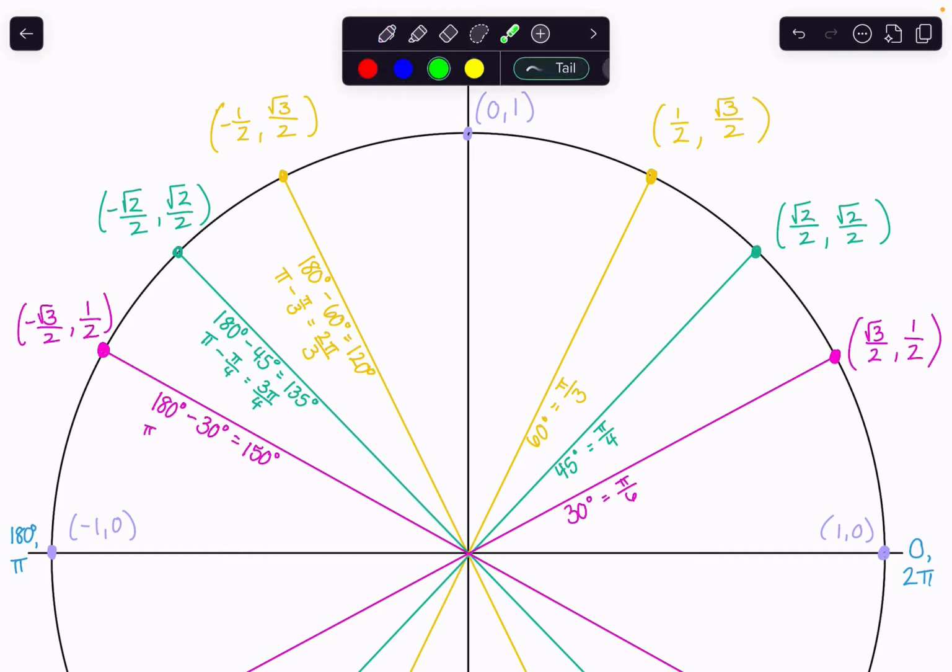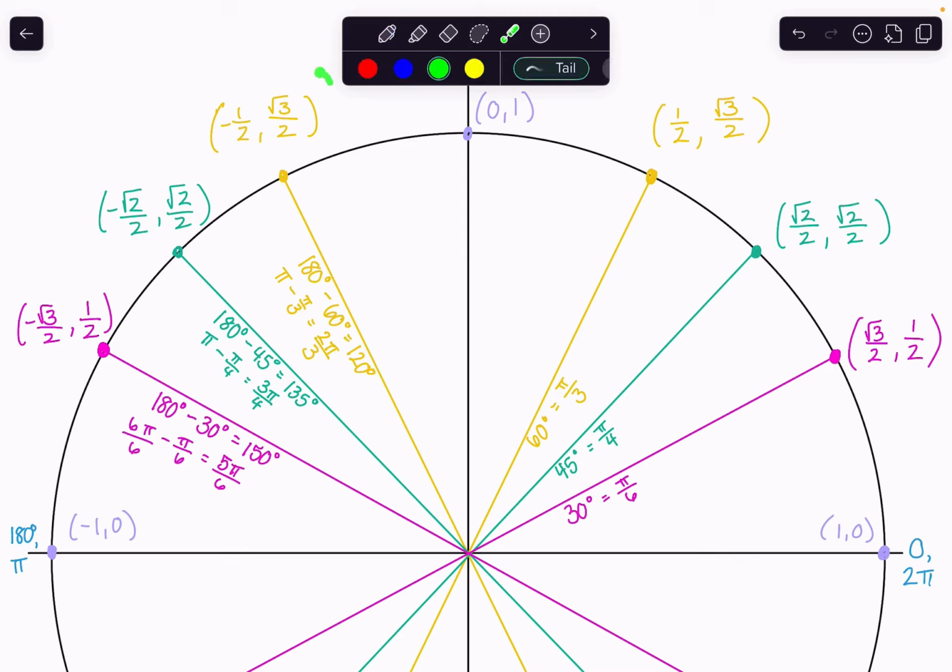And then the same thing, this full angle is pi. Going back 30 degrees is pi over 6. So from pi, we remove pi over 6, which you can then fill in, that's 6 pi over 6. So this gives us 5 pi over 6.